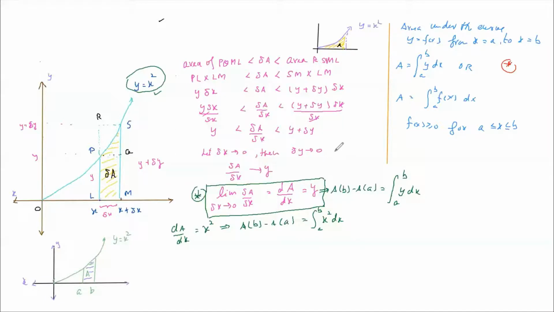This is a proof of the application of integration. How do we get the formula? This is a formula, right? Next we see some examples of how to calculate the area under a curve in each pattern, in each different shape.